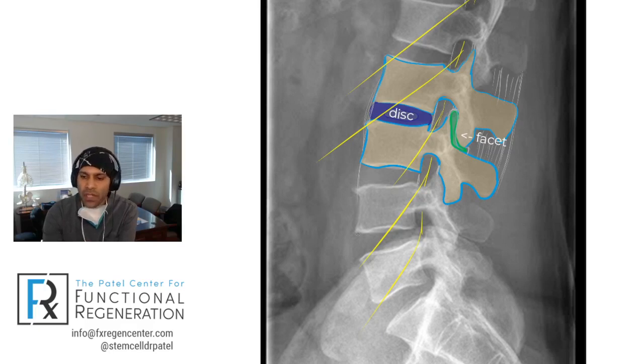Now, if you could imagine that this disc is starting to get a little bit more wobbly, and there's some motion taking place between these vertebral bodies, then as that motion takes place, these ligaments are going to start to get stretched in different ways, and as that stretching occurs, there ends up being more friction, more motion into those facet joints.